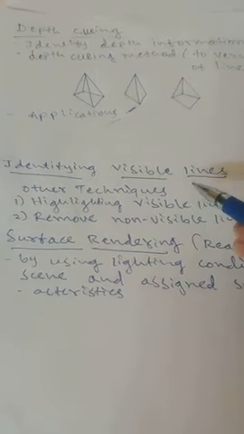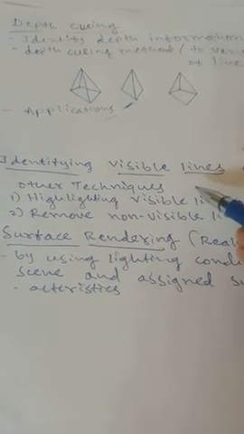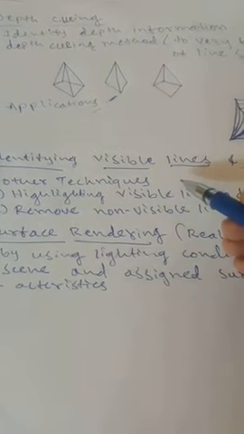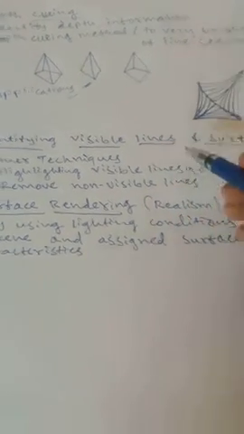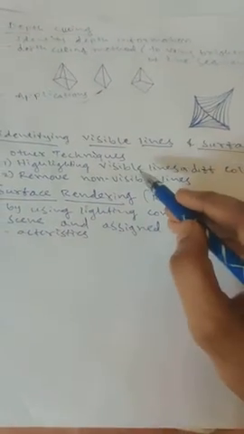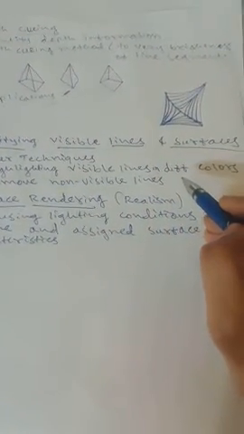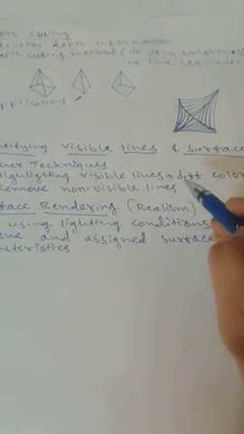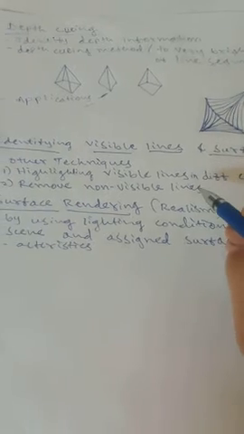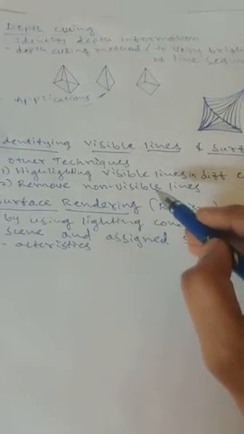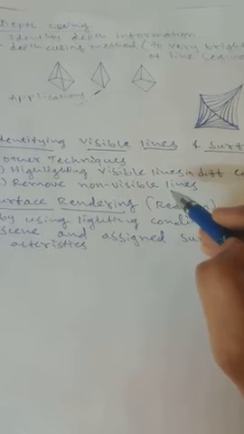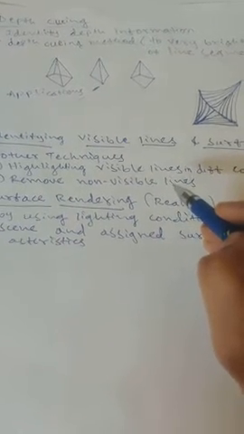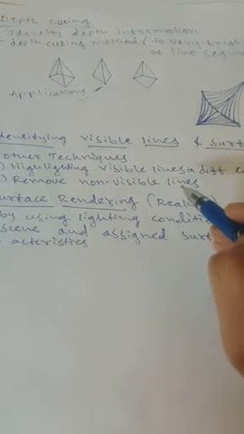Apart from depth cueing, there are also other techniques to identify the visible lines or to specify depth information. One such technique is highlighting the visible lines and displaying those lines in different colors. This may also give you depth information. The second technique is to indicate the non-visible lines, or hidden lines, as dashed lines, or to remove the non-visible lines.